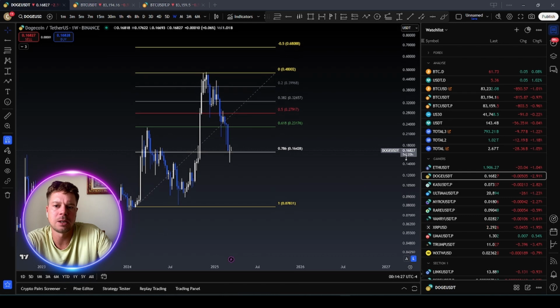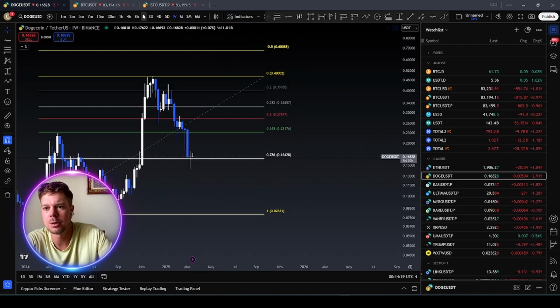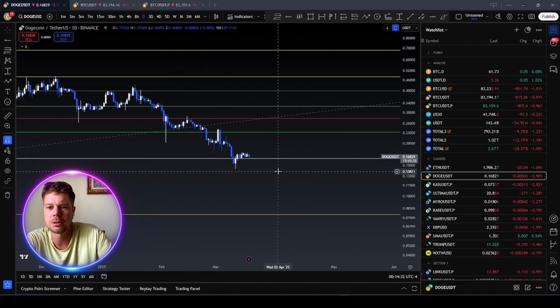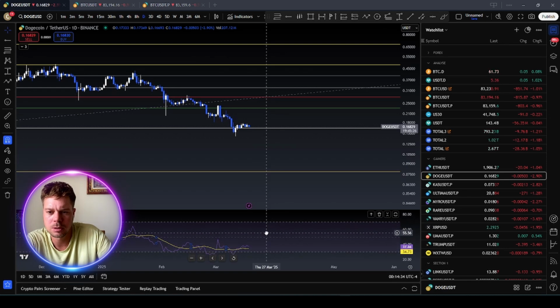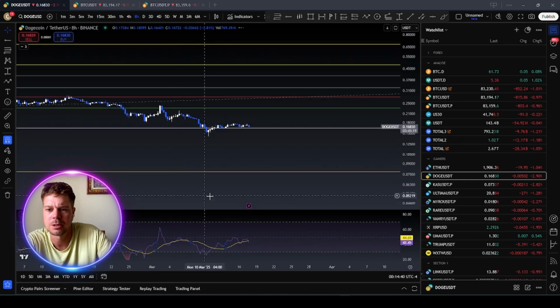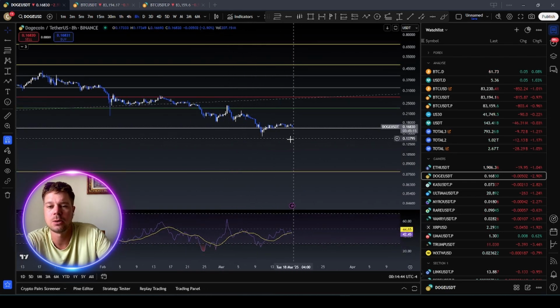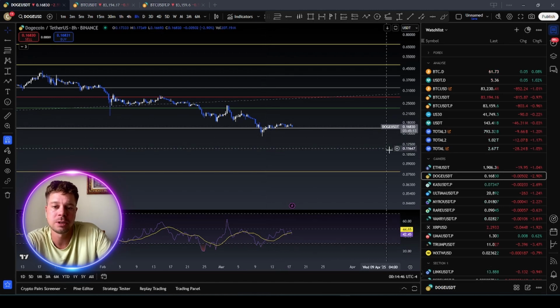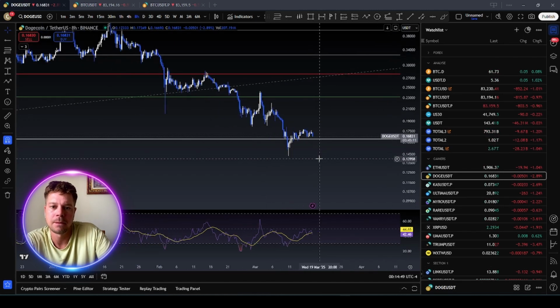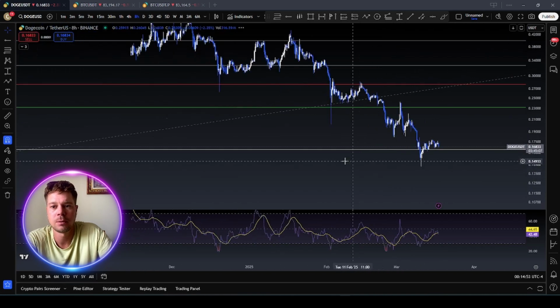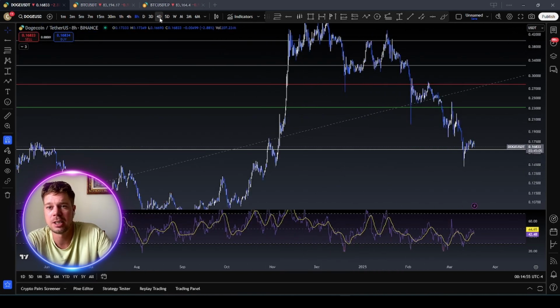So a nice candle closes above support, and if you go to the daily, then you can see for Doge, it doesn't have a divergence really, but if you go to the lower time frames, then you can see that we have a bullish divergence on the 8 hour. This support level holds nicely, so also a very nice opportunity to jump in for crazy gains actually.